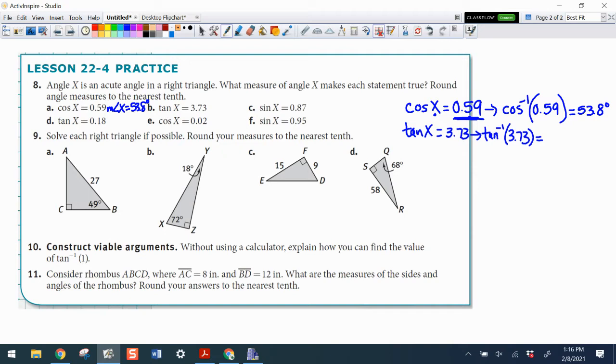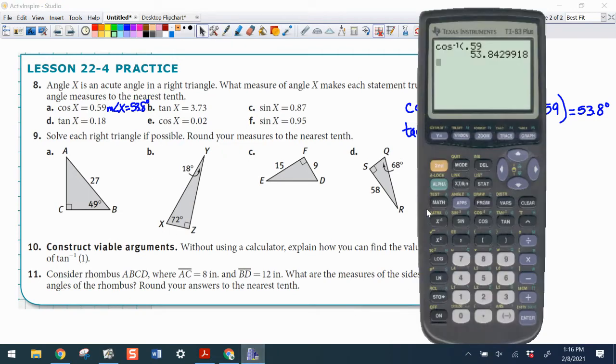So now we're going to take the tangent inverse of that ratio, 3.73. I'm going to show you once again on the graphing calculator. So tangent is here. So to access the tangent inverse, we're going to hit the second key in yellow, and then the tangent key, and then simply key in the ratio, which is 3.73.